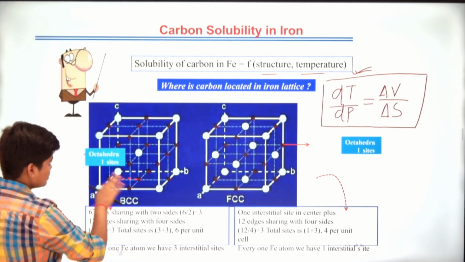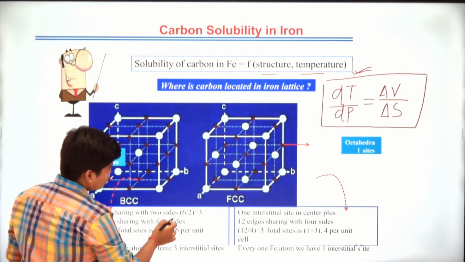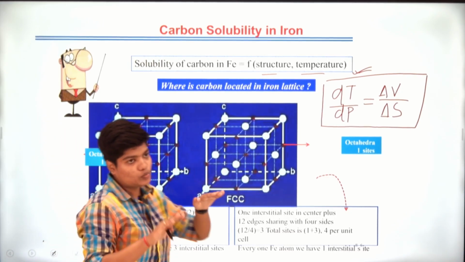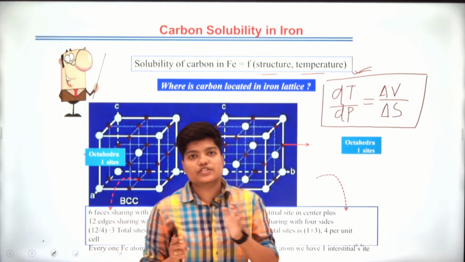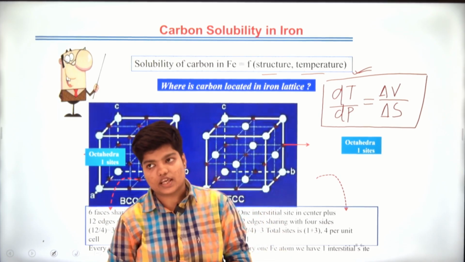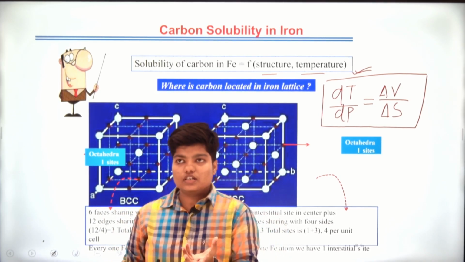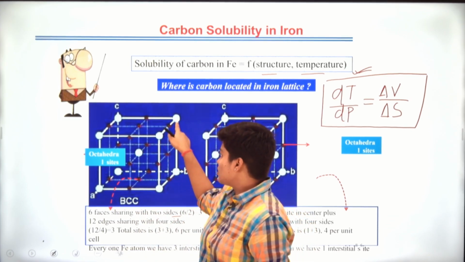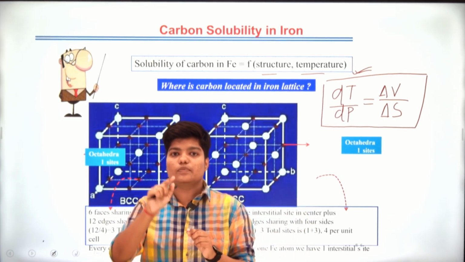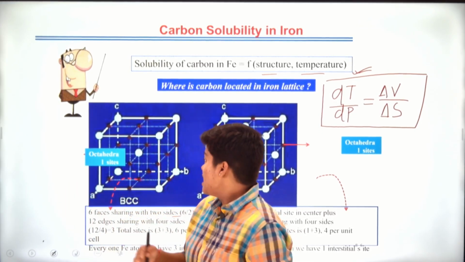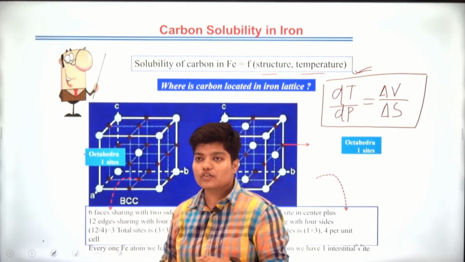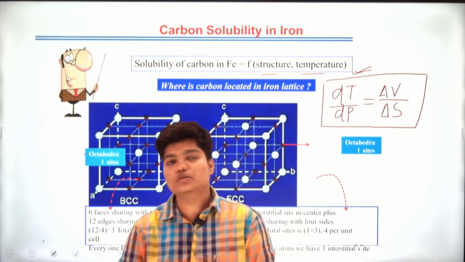In a crystal system, small cubic unit cells are there. One corner is shared by 8 unit cells, and one face is shared by 2 unit cells.